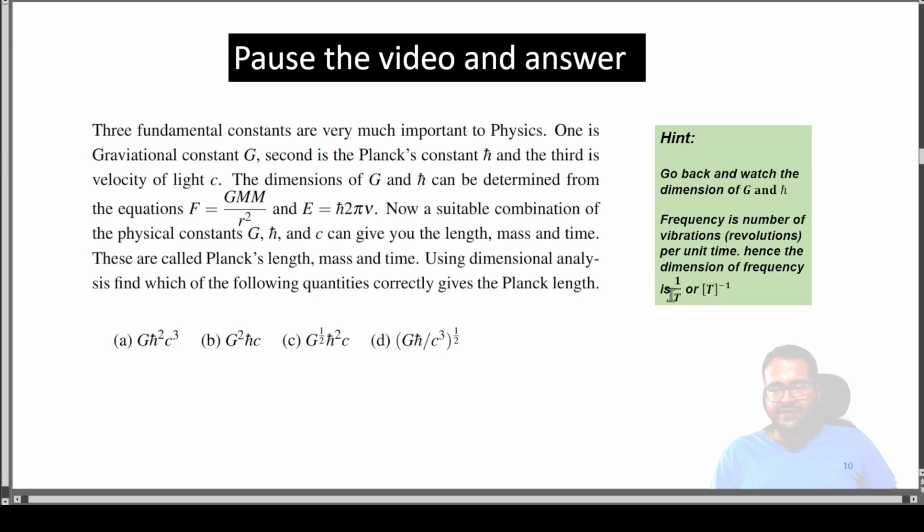And then frequency, I have already told you that number of vibrations is 1/t. So if you need it, you may use it. So now just try to answer it. Which among these will be the dimension of length? Then you try to find out a combination of G, h and c, which will be the dimension of mass or dimension of time.